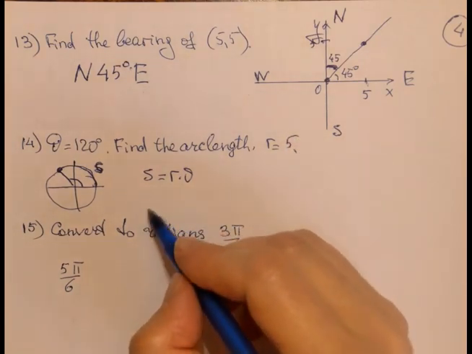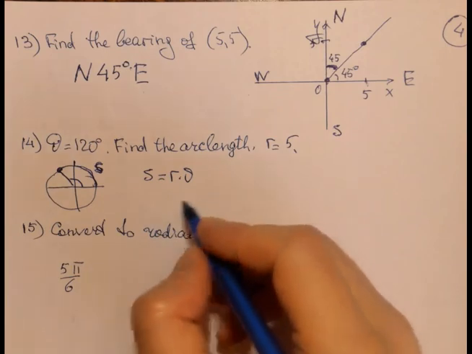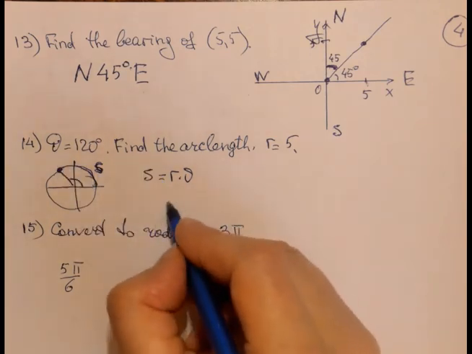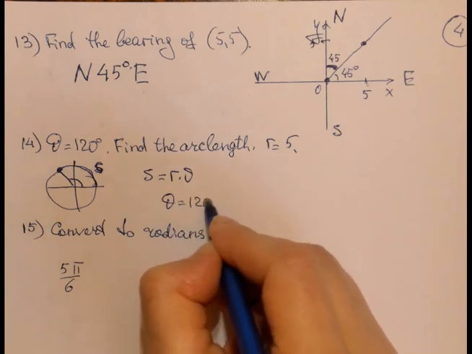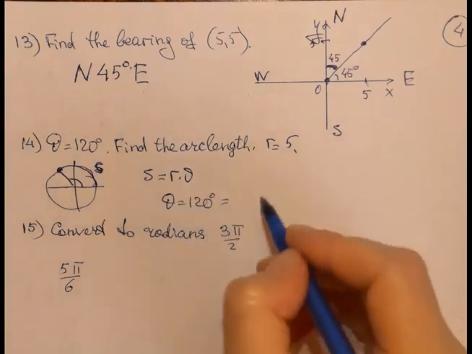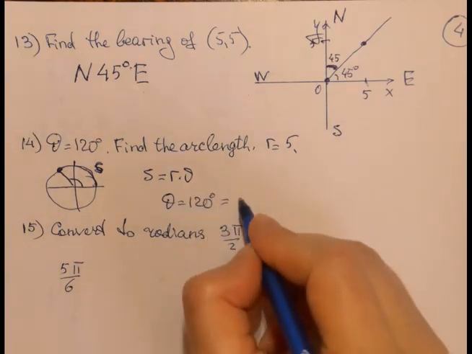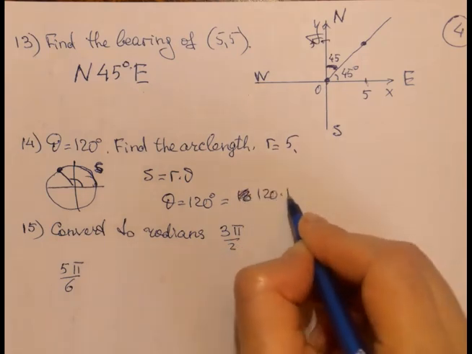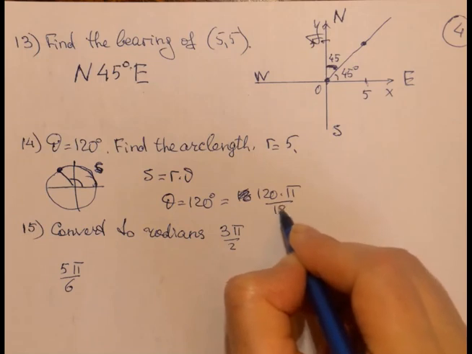And important here is to remember that theta must be in radians. So first we must convert 120 degrees to radians. So it means we multiply 120 by pi and divide by 180.